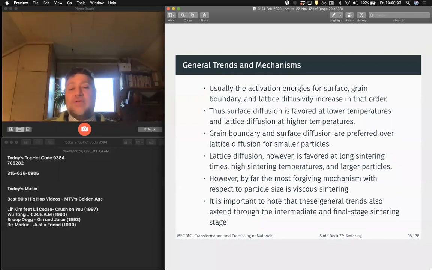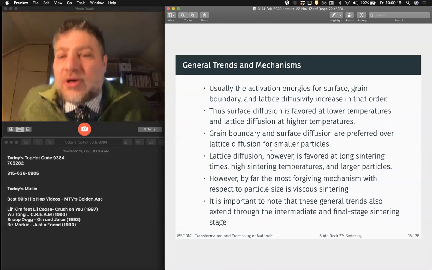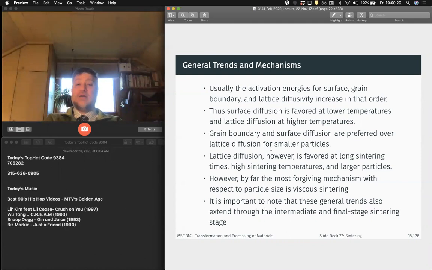Okay. Grain boundary diffusion and surface diffusion are preferred over lattice diffusion for smaller particles. Why is grain boundary and surface preferred for smaller particles? Well, because we have a lot more grain boundary area, and we have a lot more surface area in the original powders.